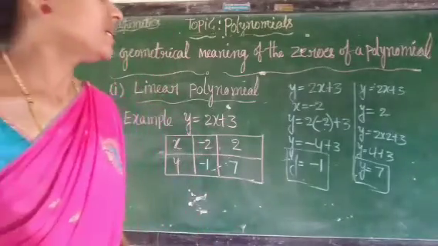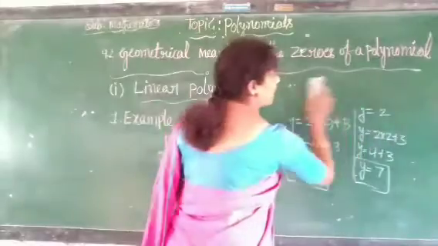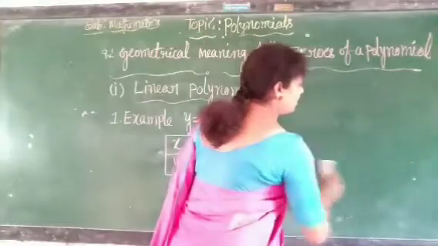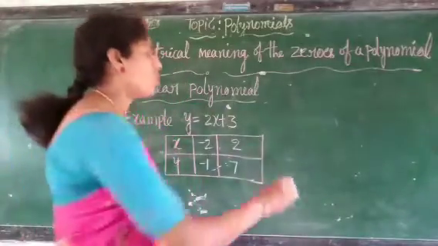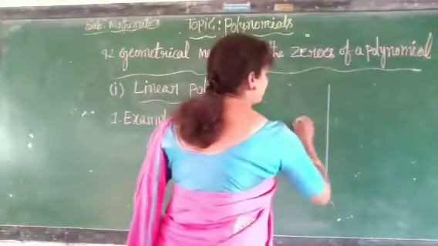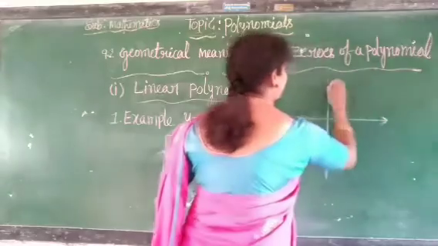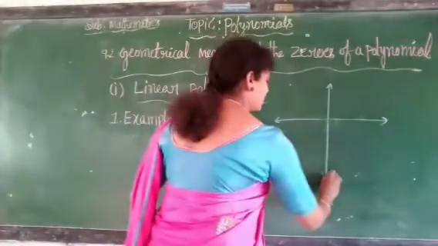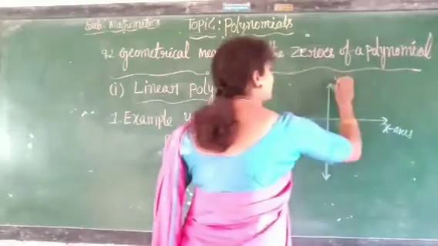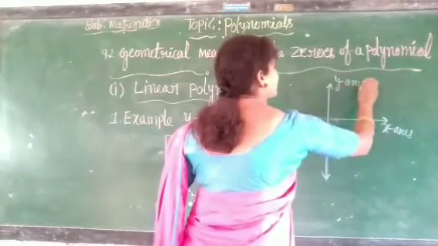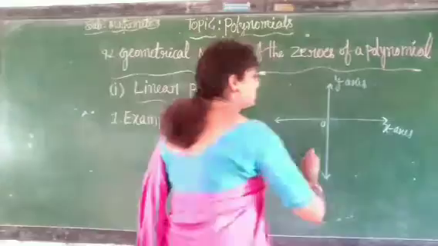Now, dear students, in the previous class we already learned coordinate geometry, some basic points. This is the x-axis, this is the y-axis, 0.